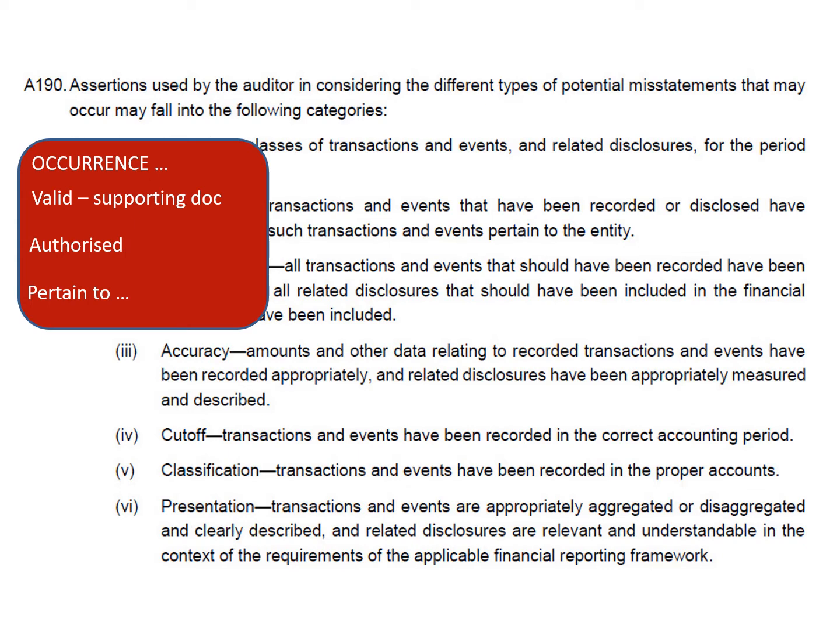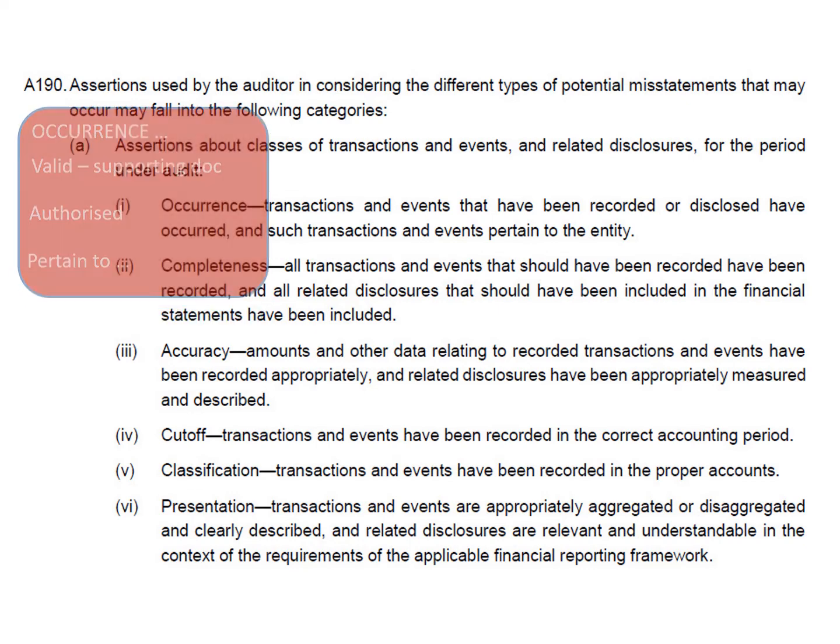If all of a sudden I have other types of income or expenses, say a mink coat, or if I now do research and development, can you see that doesn't pertain to my type of entity and business? So it's not really a valid transaction. Is this what I expect it to be in terms of how they account for it?